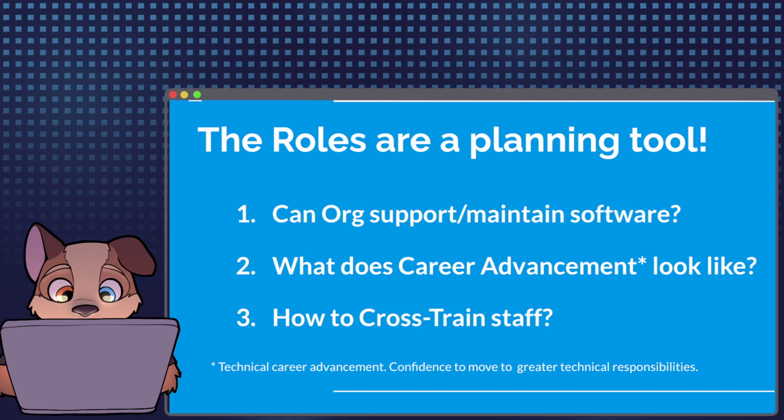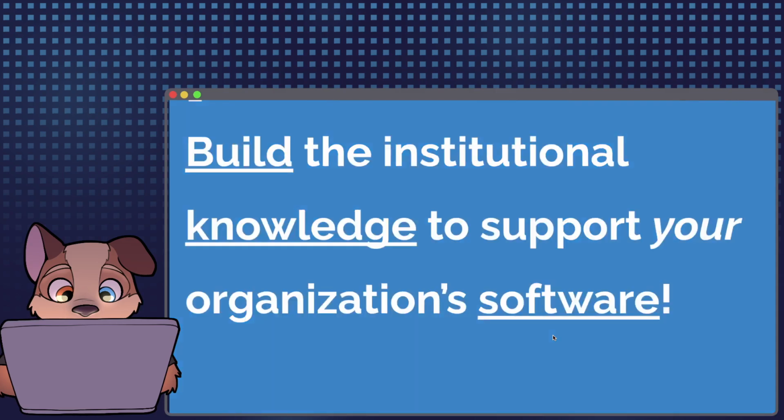That is not good for your organization. And creating software using these roles as planning tools will help you cross-train and help you create a team that can support this software even if one of the roles needs to be replaced later in the future. You don't want everything to come crashing down if a person transitions out of one role and you need to find someone to fill that role.